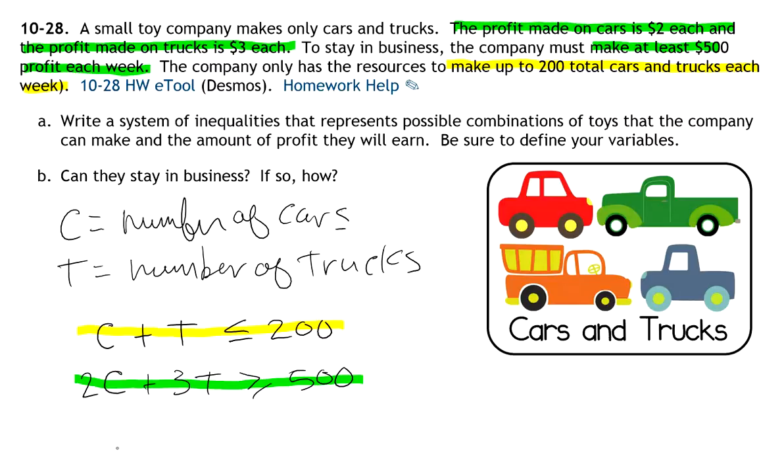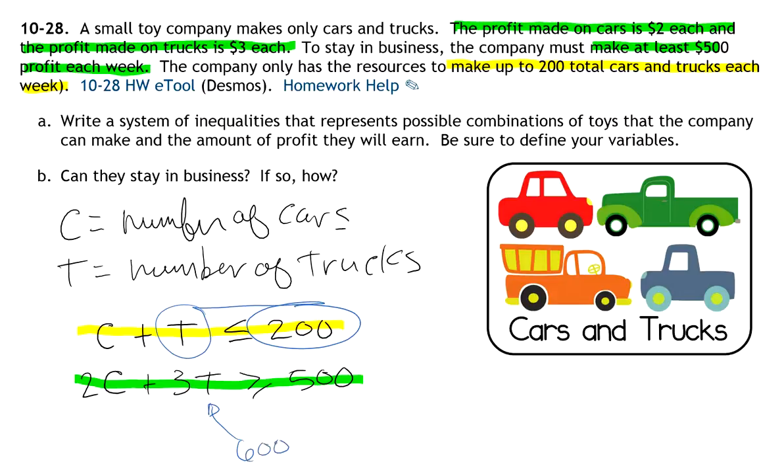And I could go the other way too. I could say, well, what if I made just all trucks? Well, if I made all trucks, that would be 200 items, and if all 200 items are trucks, there's absolutely no cars at all being made. That ends up giving me a 200 for this T, in which case I make $600 profit.